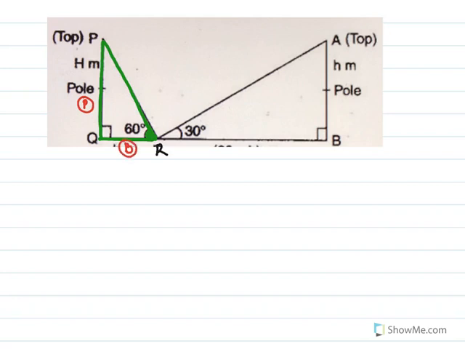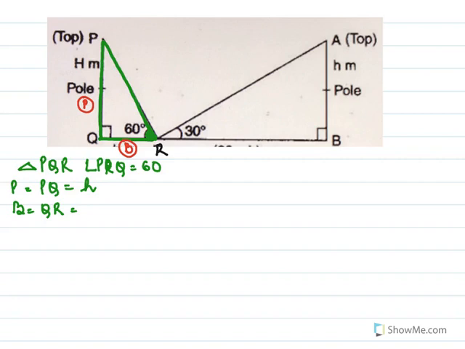So let's write that out. In triangle PQR, why have we chosen this triangle? Because it has angle 60. So angle PRQ is equal to 60. Now the perpendicular is PQ, which we have taken as h, and the base is QR, which is also not given, and I am going to take it as x.